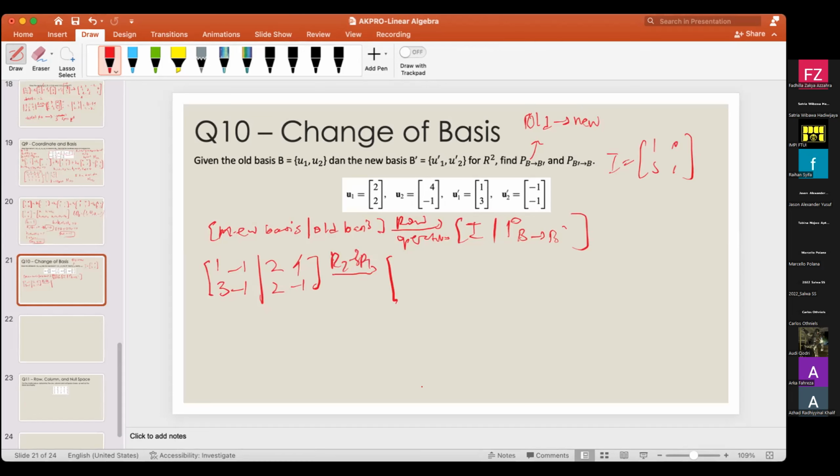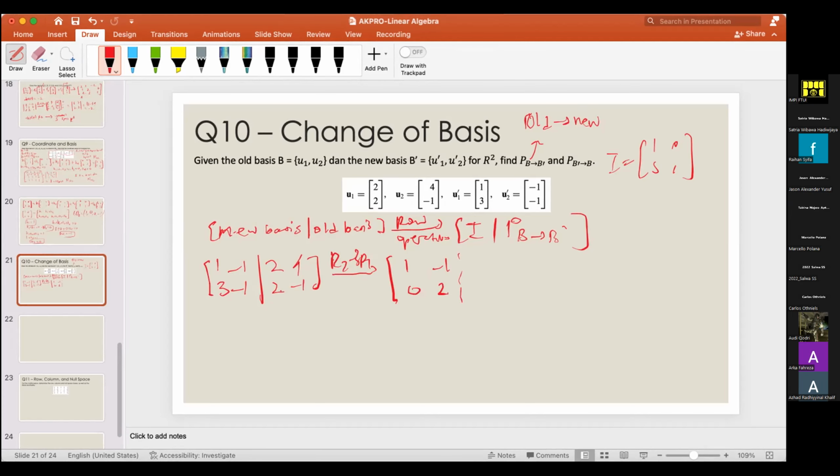So what we're going to get is 1 and 0. Okay, -1 plus 3, that's 2, and -1. And so 2, 2, 4 minus 1. And so this is 2 minus 6. Yeah, 2 minus 6, that's -4.